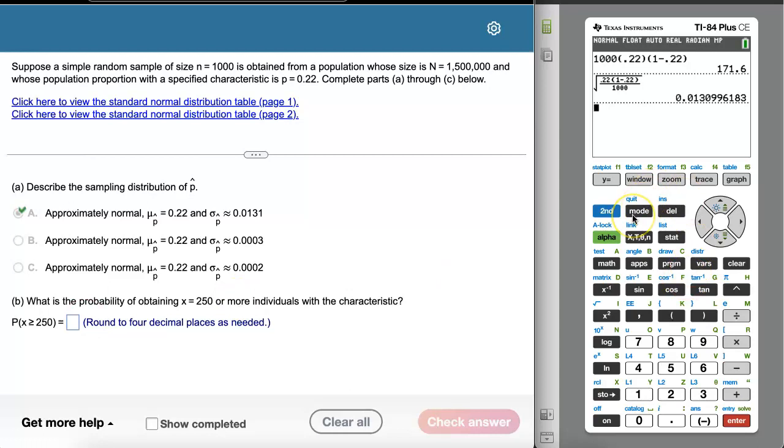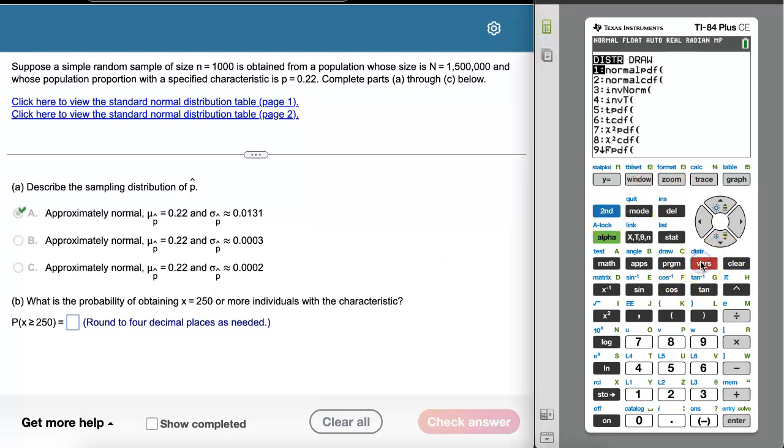So in other words, what I'm going to use in my calculator is underneath second vars, I want to use the normal CDF to do parts B and C. So I'm going to select normal CDF. For the lower bound, because we're asked for probability greater than or equal to 250, you might be putting 250 here, but really it's 250 over the sample size.